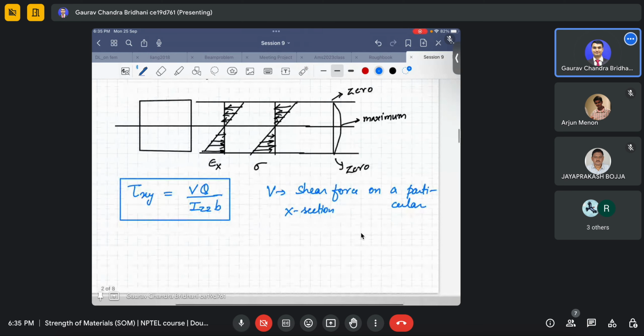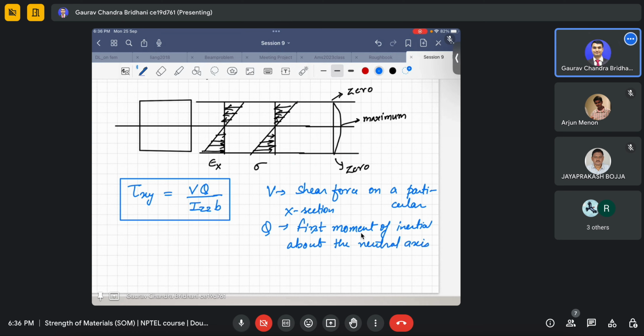Then Q is the first moment of area about the neutral axis for the region between the top surface and y.